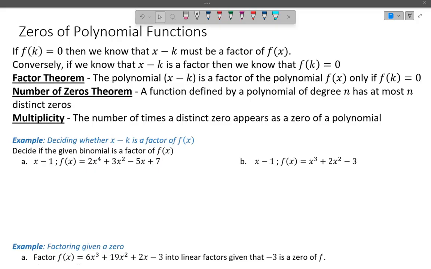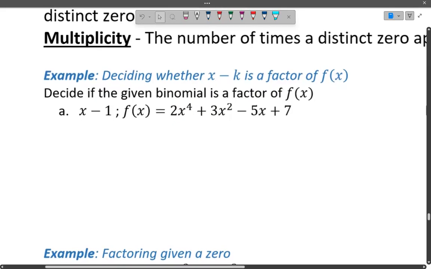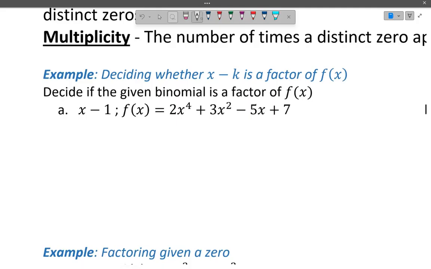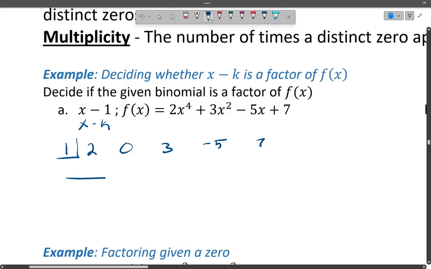So we want to decide if the given binomial is a factor of f of x. We're going to use synthetic division and the factor theorem to determine this. So if we have x minus 1, again, this is in the form x minus k. So k is 1. We're going to put 1 inside the box. We're going to set out our coefficients. So we've got 2. We need a placeholder 0 for the 3. And we have 3, -5, and 7. So we're going to go through this process.